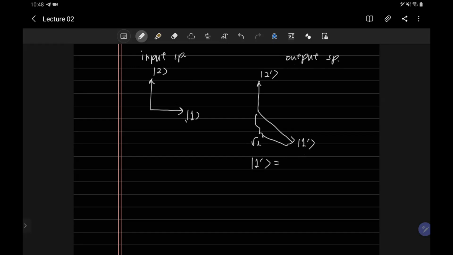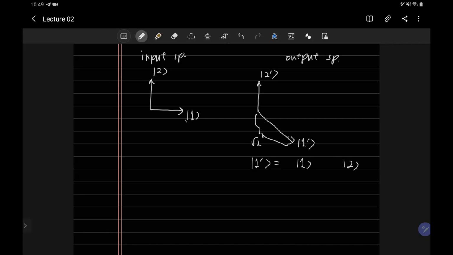So it is better to represent all the vectors with the same basis. Here we assume some orthonormal basis 1 and 2. Our goal is to represent 1 prime in terms of the vectors 1 and 2.